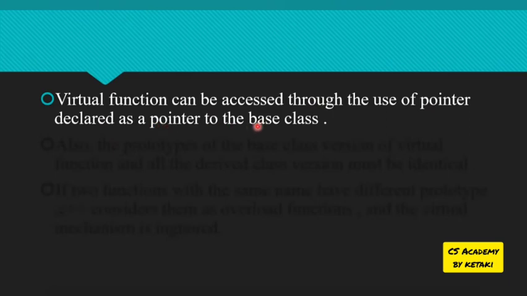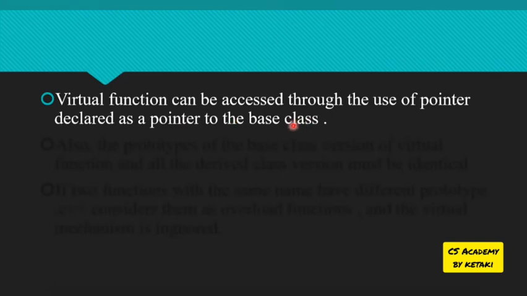Means when we want to access the virtual function which is declared in the base class, we have to make a pointer, and we declare the pointer to the base class, because a virtual function is always declared in the base class.